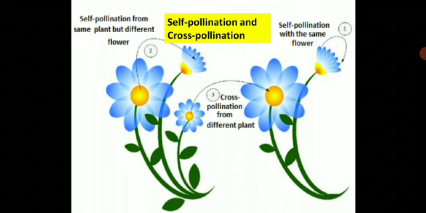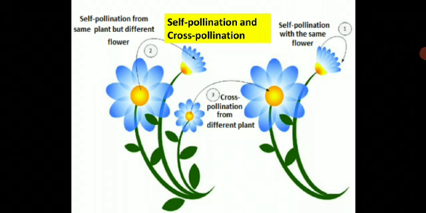And on your right hand side you see cross-pollination from a different plant. The flower of the left hand side plant can be involved in the pollination process, and the pollen from the left hand side flowers can go to the flower of another plant.